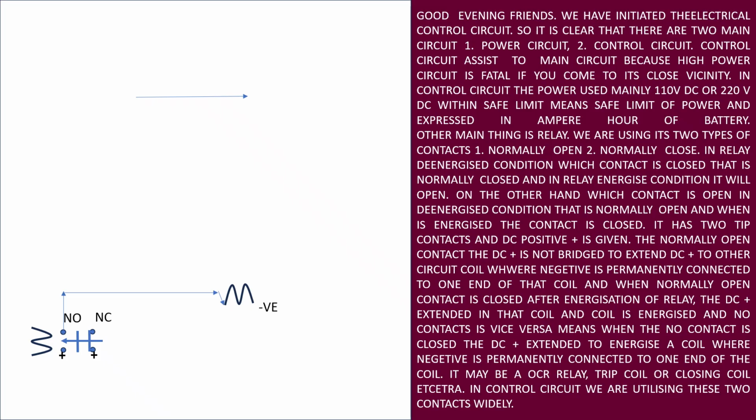And when the normally open contact is closed after energization of the relay, the DC positive is extended to that coil and the coil is energized, where negative is permanently connected to one end of the coil.